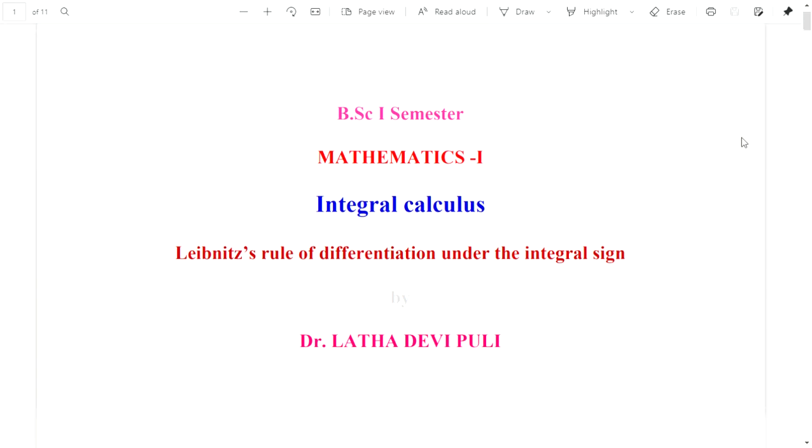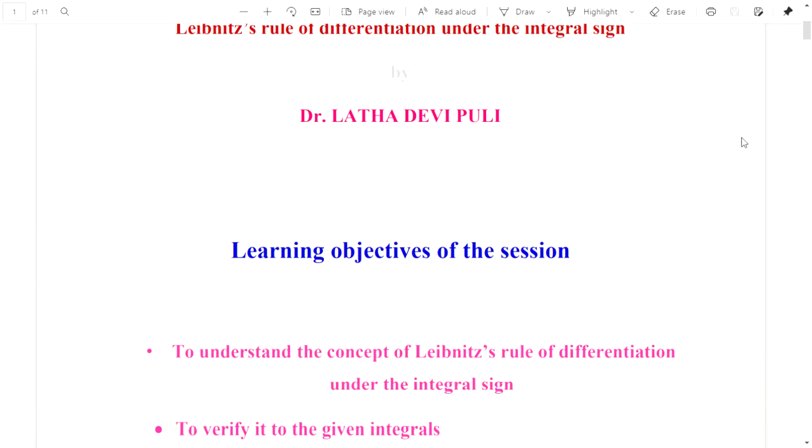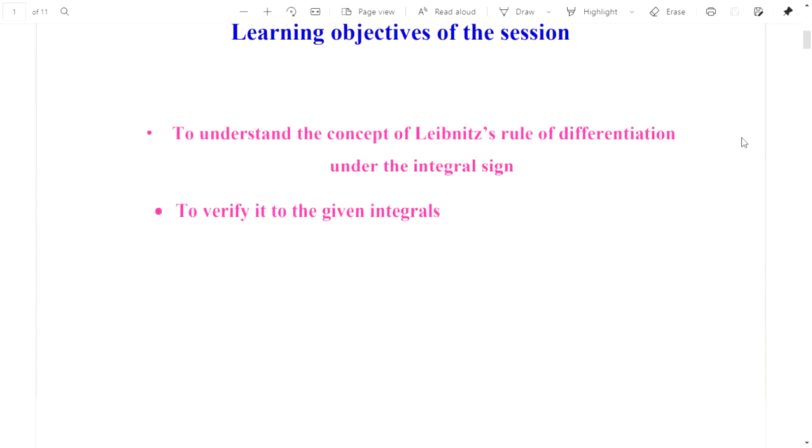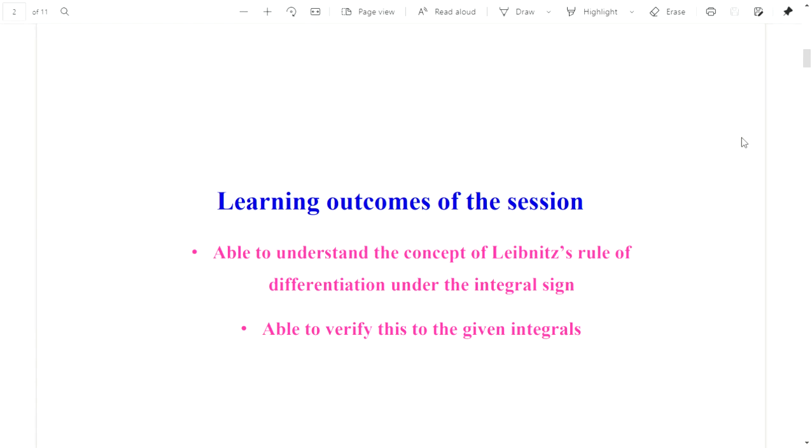The objective of this session is to learn Leibniz's rule and verify it for some of the functions involving the integral, and by the end of this session, the student will be in a position to verify Leibniz's rule of differentiation under integral sign.